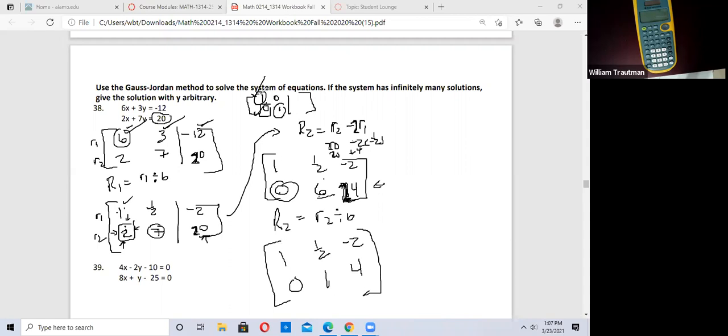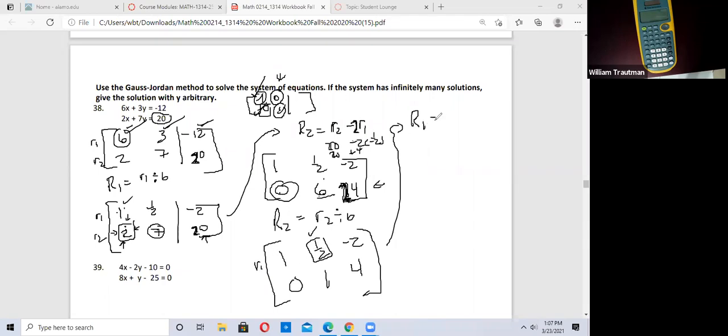We have 1, 0, 1, and now we have a 0 here. This has to be changed to 0 somehow using subtraction. So I am going to change row 1, because that spot has to change to a 0.